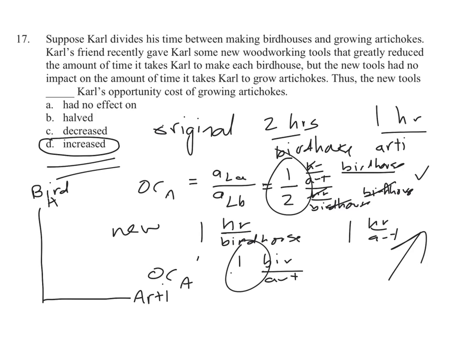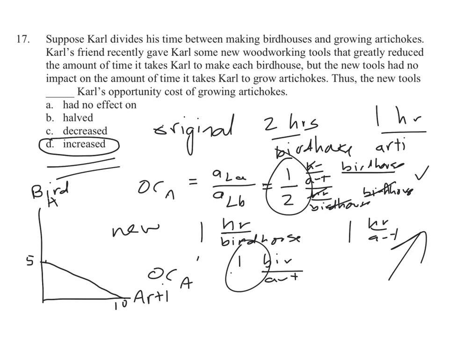Obviously, artichokes take longer to grow, but let's say originally he could make 5 birdhouses in that 10 hours, or his labor would contribute toward eventually having 10 artichokes, 1 per hour he spends.